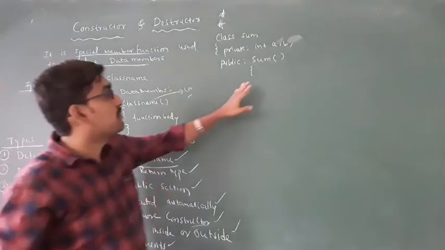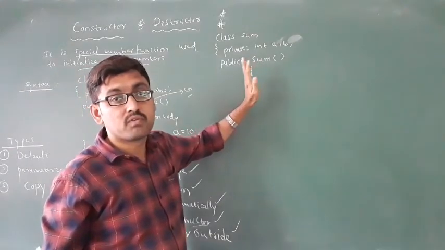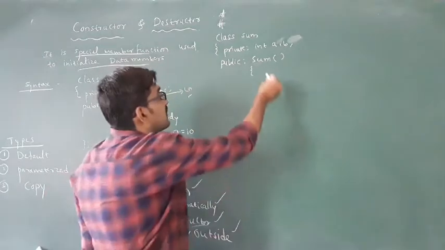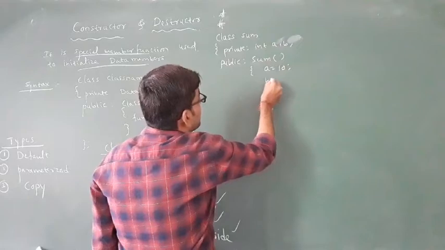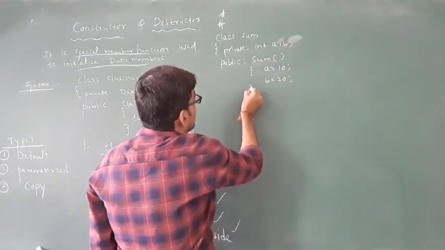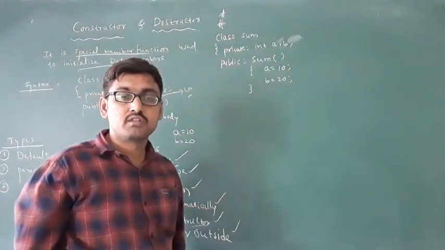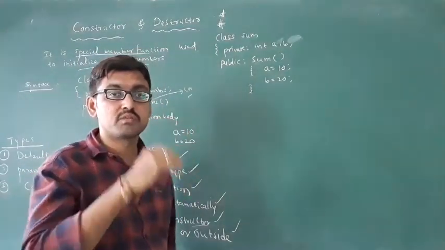This you have to remember. There is no return type when you are using a constructor. Then see here I am writing a equal to 10, b equal to 20. This is an initialization.